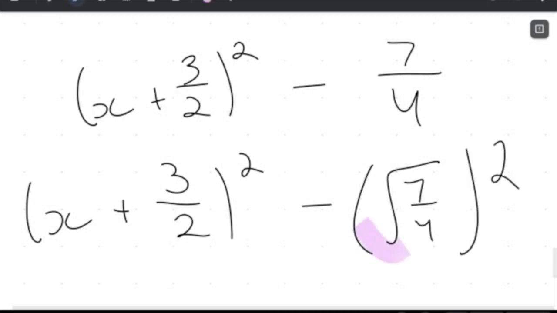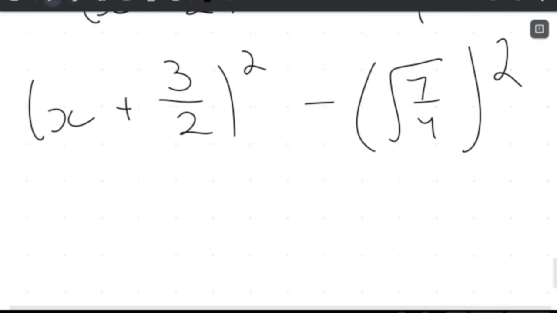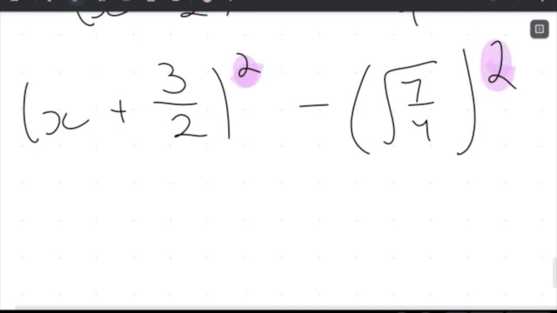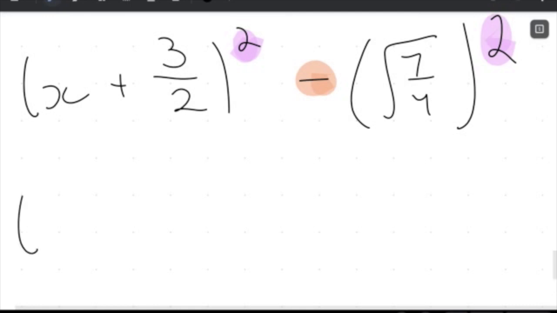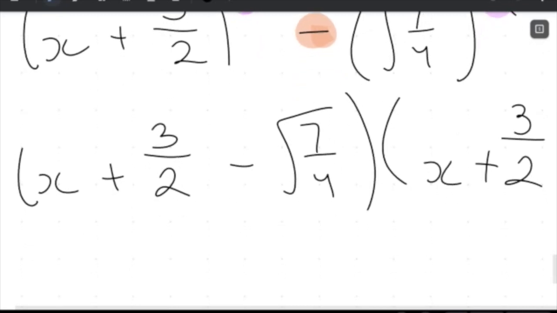Because once again, the square root here and my power of 2 are going to cancel out to give me 7 over 4. So we can do a difference of 2 squares because we have 2 squares and a difference. So it's in the name. So we can just take the square root of these, and then we have x plus 3 on 2 minus root 7 on 4 outside of x plus 3 on 2 plus root 7 on 4.